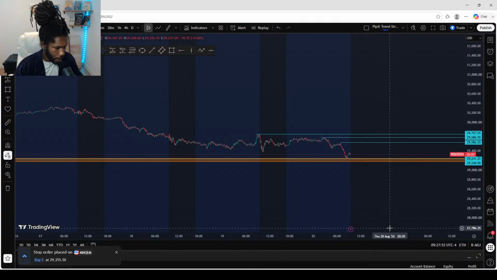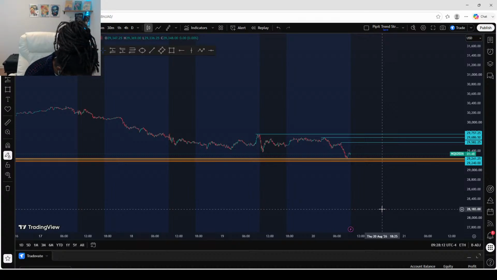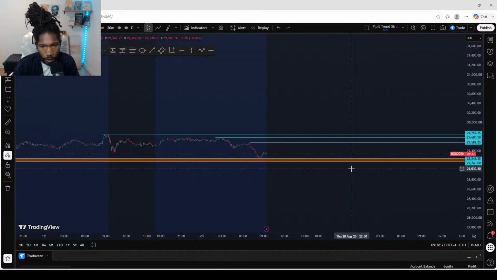I had NQ up, but I'm selling MNQ. And stop loss is already in profit. And I think I'm about to get stopped out in profit. That was a quick scalp. I sold at 29,359 or 359 is where I sold. My target is 322. So let's hurry up.